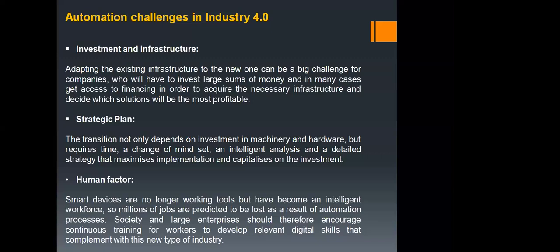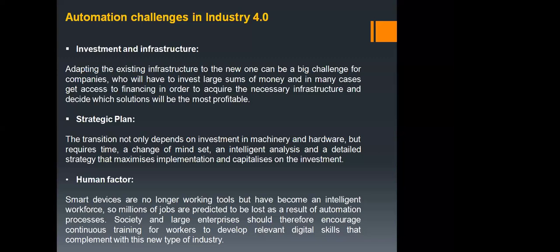Society and large enterprises should therefore encourage continuous training of workers to develop relevant digital skills that complement the new type of industry. So these are some of the issues or automation challenges related to Industry 4.0: investment, infrastructure development, strategic planning, and human factor related issues.